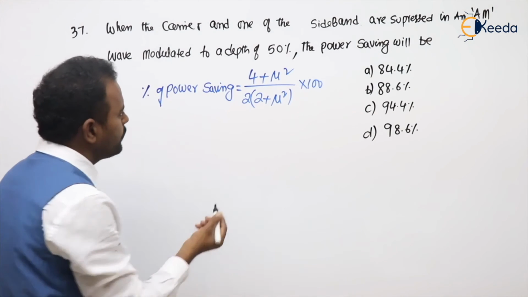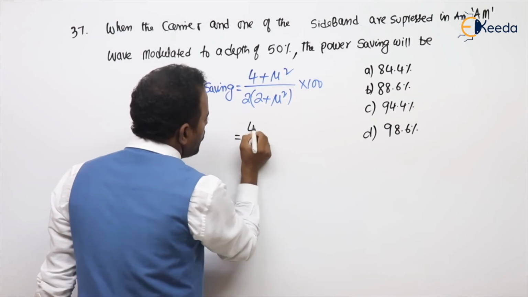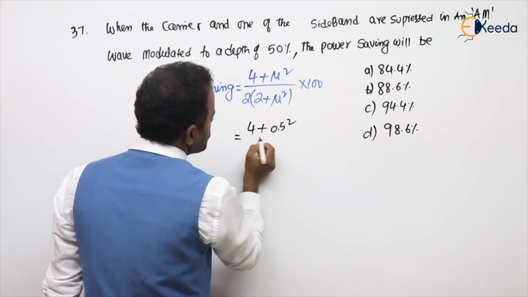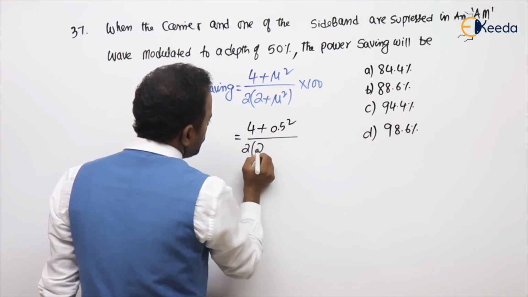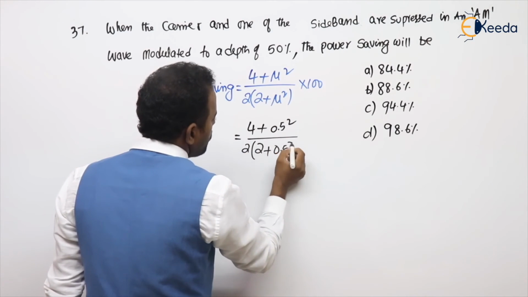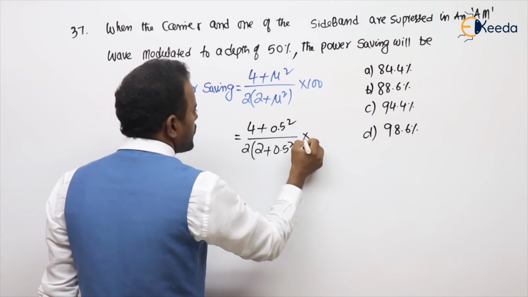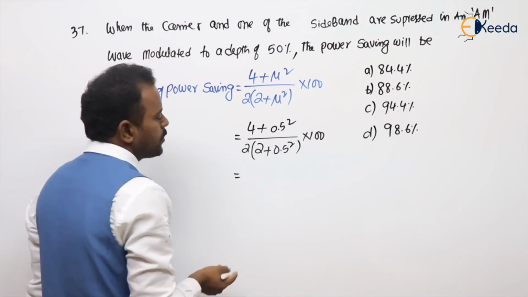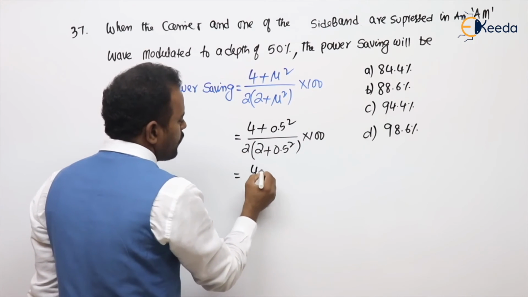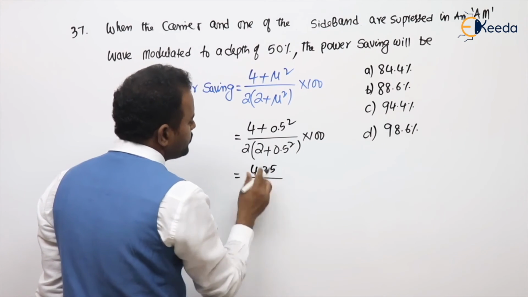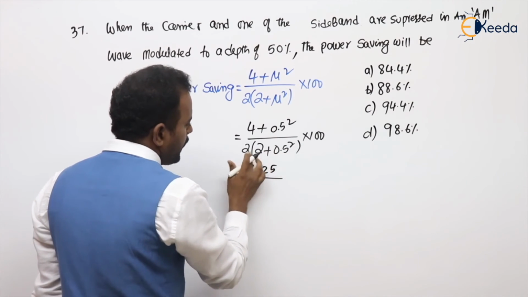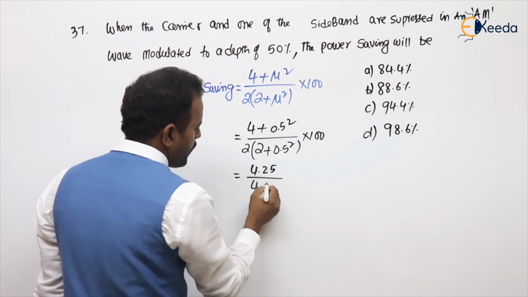Substitute that value. 4 plus mu value is 0.5, whole square, by 2 into 2 plus 0.5 whole square, into 100. If you calculate, this is 4.25 by 2 into 2.25, so 4.50.